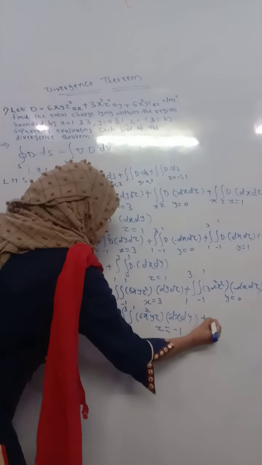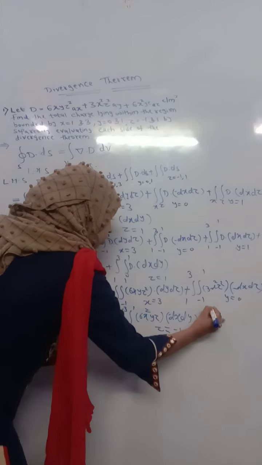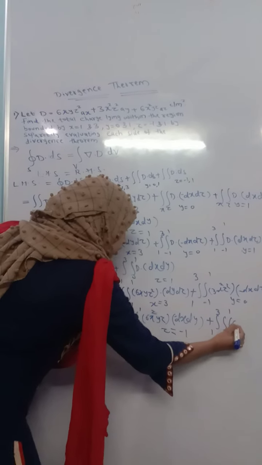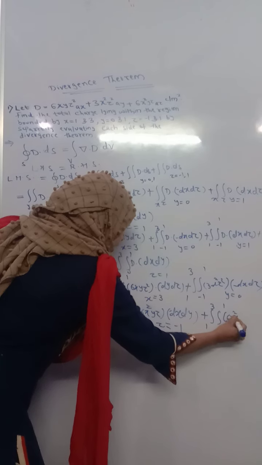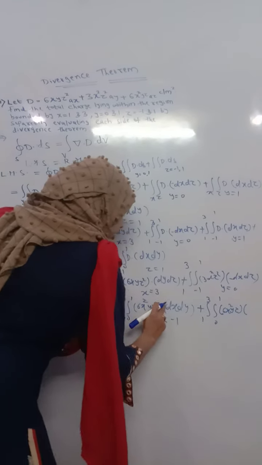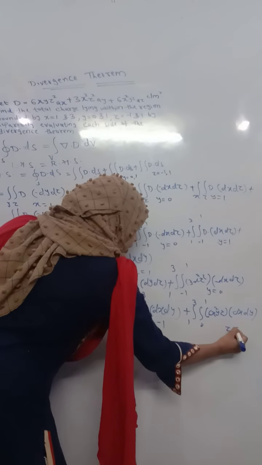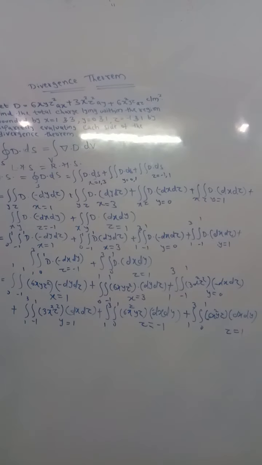Likewise the last part, that is nothing but 1 3, 0 1, here 6x square yz dx dy, and you are substituting the value of z as 1.